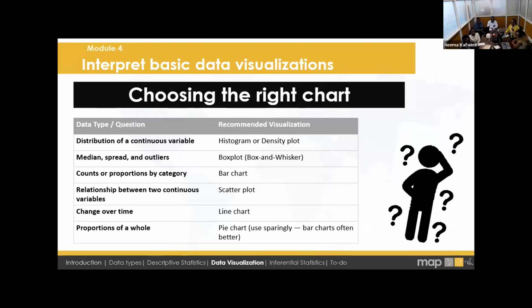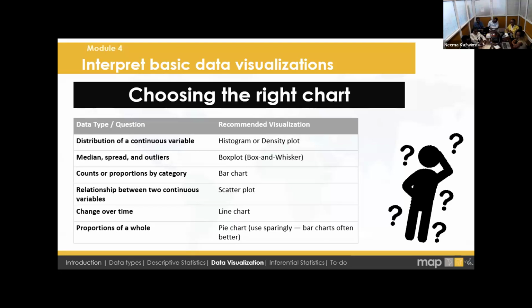But again, using a data visualization tool is one thing, but the question is, which tool should you use in which context? When you're dealing with the distribution of continuous data, like we previously saw, you will use a histogram or density plot. When you want to see the median, spread, and identify outliers, you'll use a box plot.